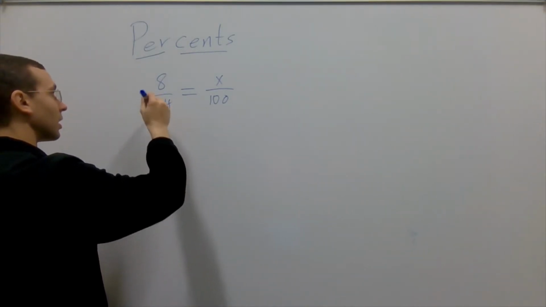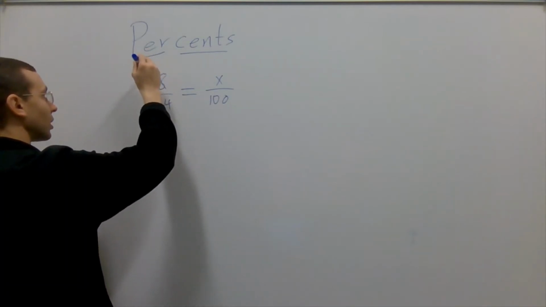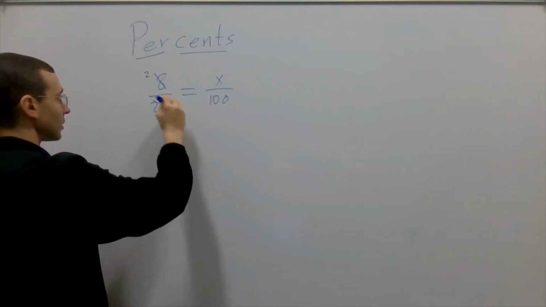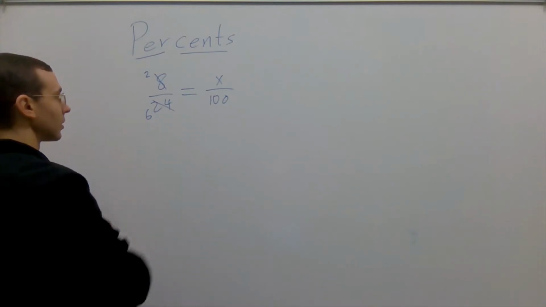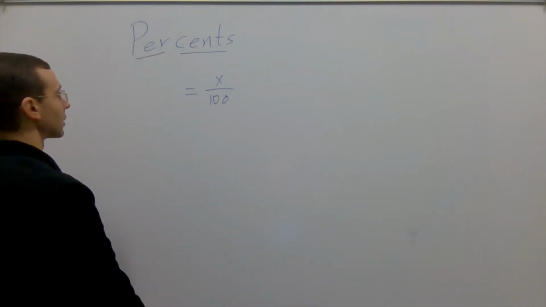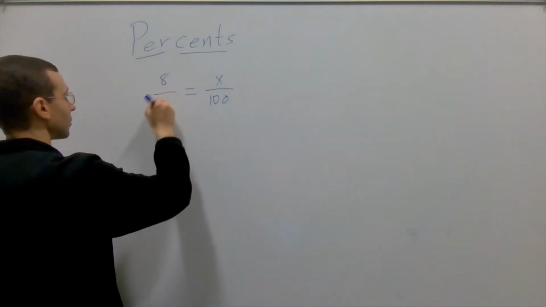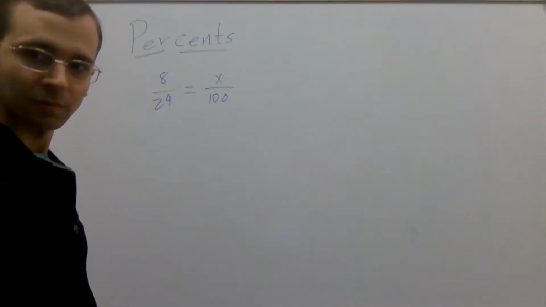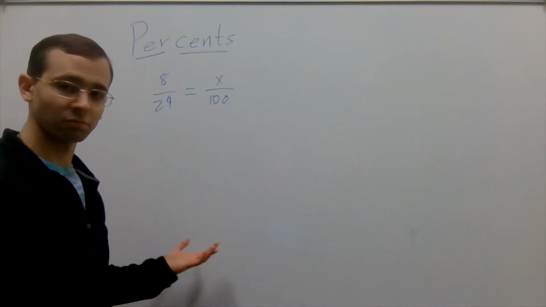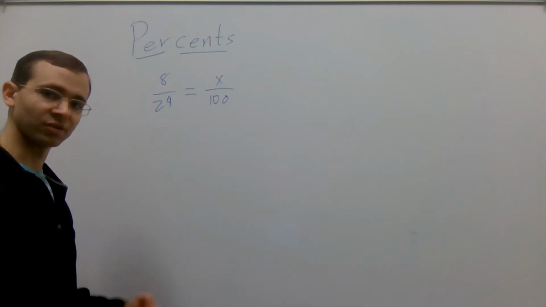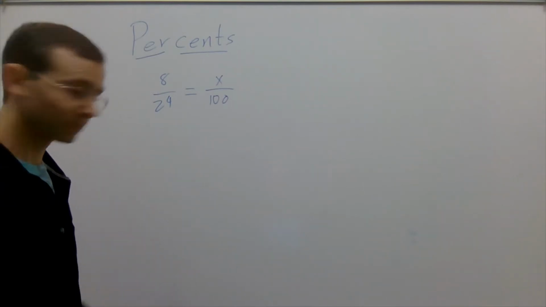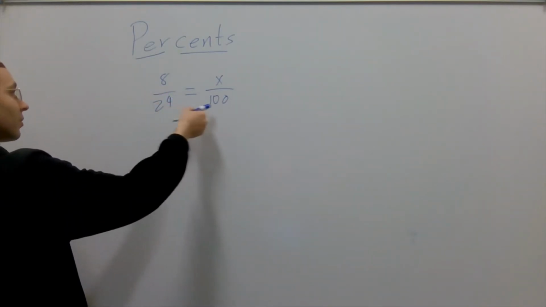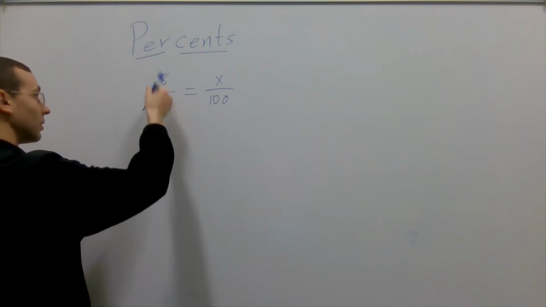I'm going to actually reduce this first, just to be simple here. And I can reduce that further, can't I? So let's find out what percent of 24 8 is. All right, so we have a reduction.